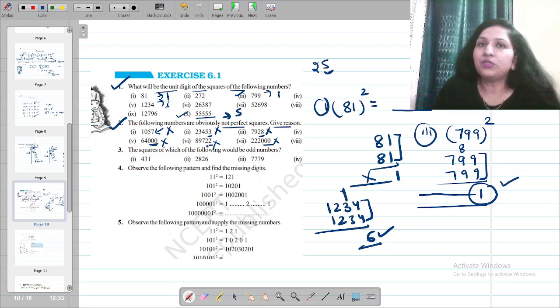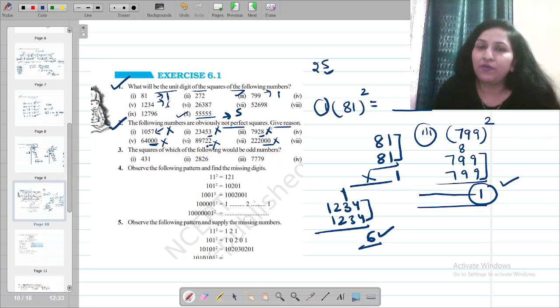Perfect square numbers only end with 0, 1, 4, 5, 6, 9, and they never end with an odd number of zeros or 7, 3, and 2.